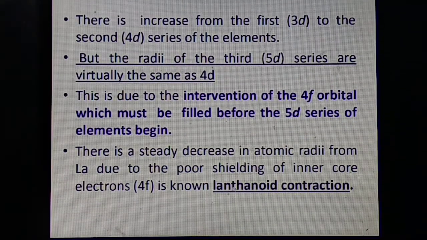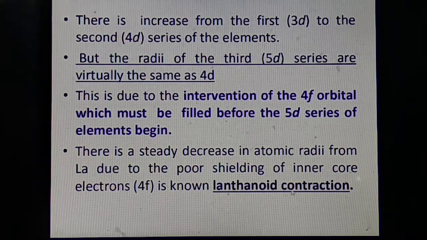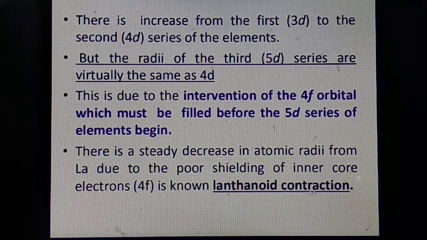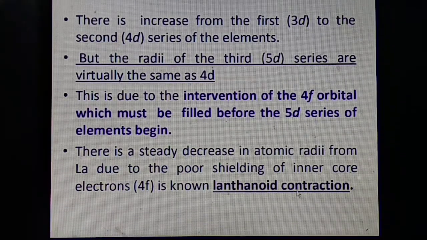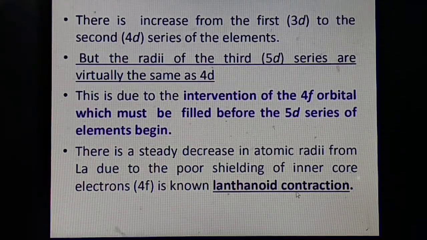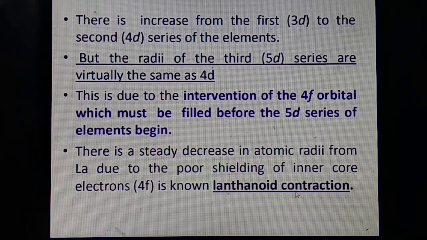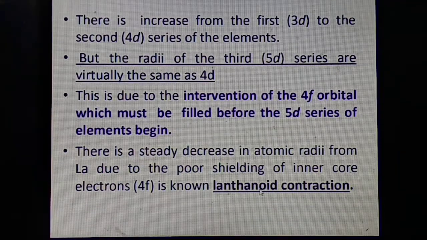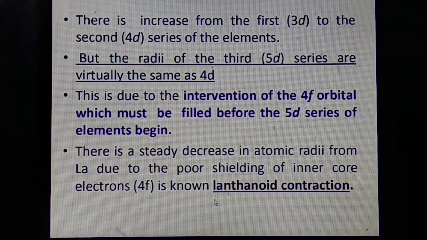This is known as lanthanoid contraction. So due to the lanthanoid contraction, the radii of the 4D series and 5D series elements are approximately the same.